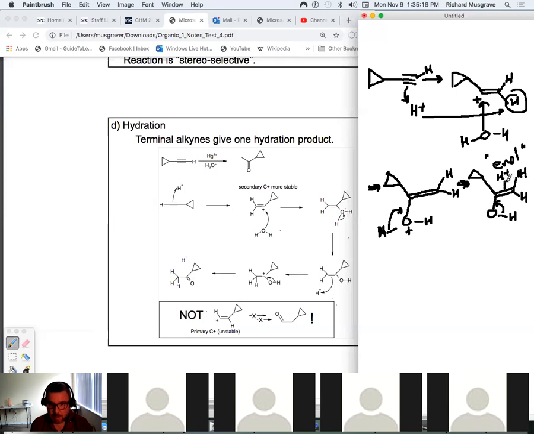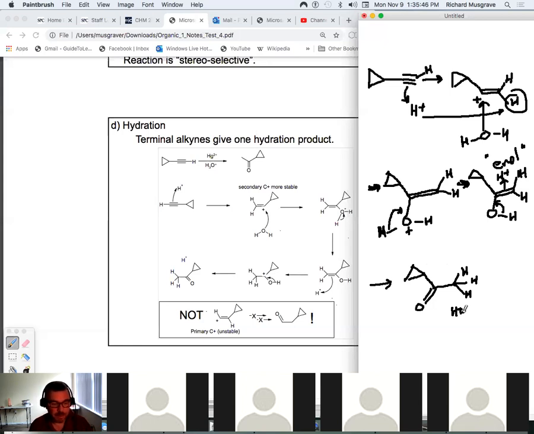Enols are very unstable, so they'll break down into ketones. And since we've got the acid in there anyway, you can see how that can happen. So the ketone is a C double bond O like that. And that would be the complete mechanism for hydration.